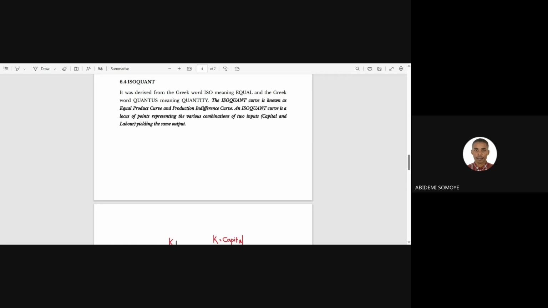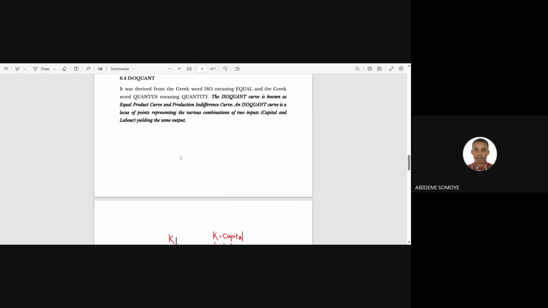If you remember indifference curve, we defined it as a combination of two goods that yields the same level of satisfaction. But for an isoquant, it is a combination of two inputs that yields the same level of output.